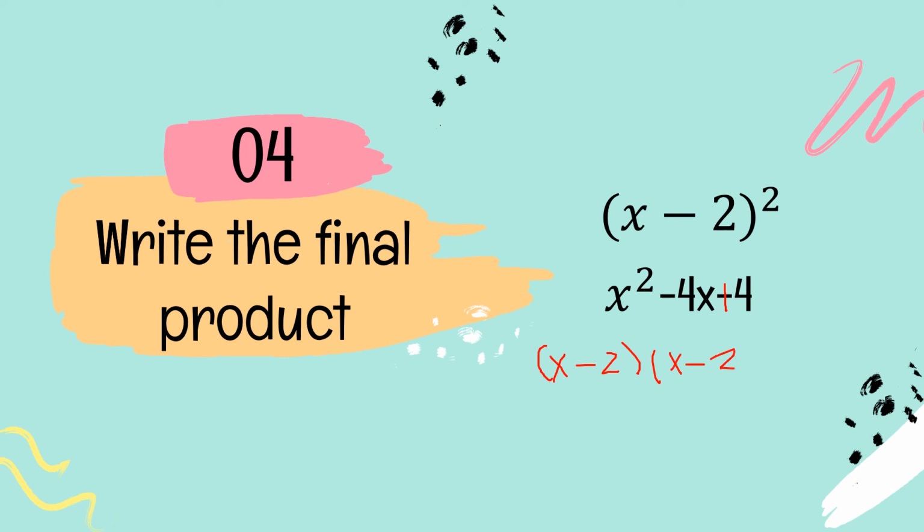So, this will be x squared, first terms natin. And then, minus 2x. Minus 2x. Plus 4. So, x squared minus 2x minus 2x plus 4.